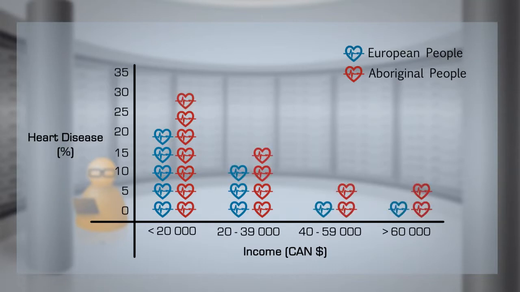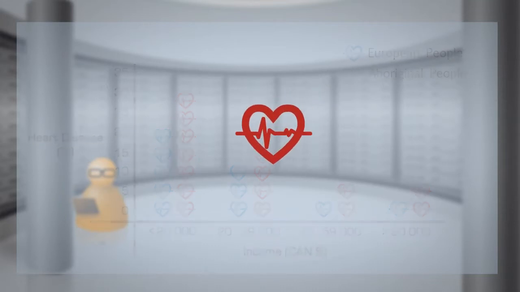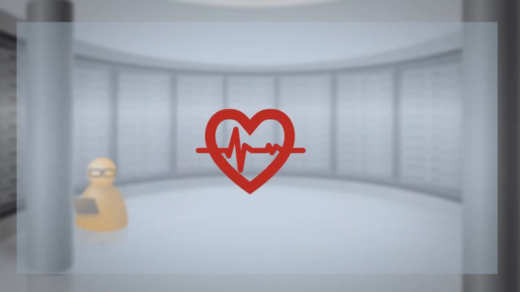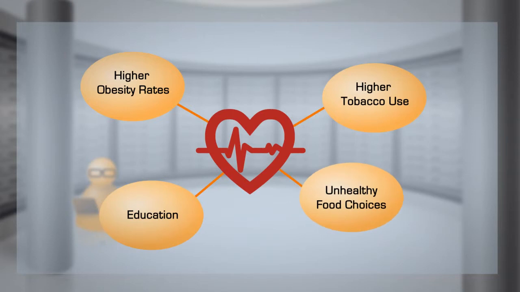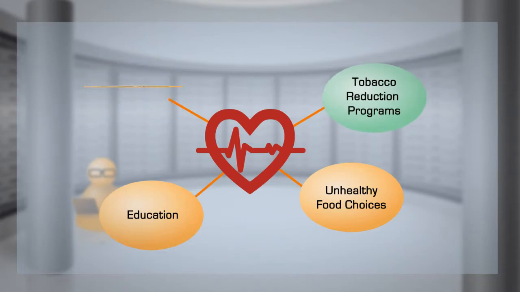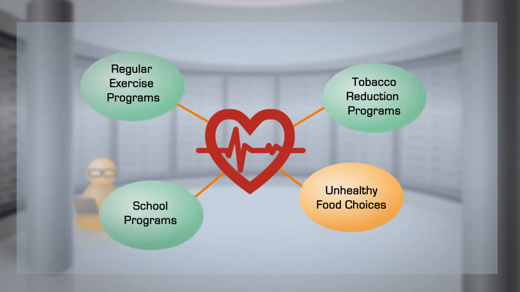Similarly, across all income categories, risk factors for heart disease were higher among Aboriginal people. They were affected by additional factors other than income, such as higher obesity rates, higher tobacco use, and other risk factors. The authors of the report proposed tobacco reduction programs, regular physical exercise programs in schools and communities, and changes in diet for Aboriginal people in the lower income categories.